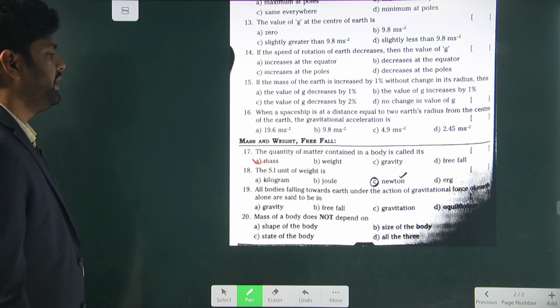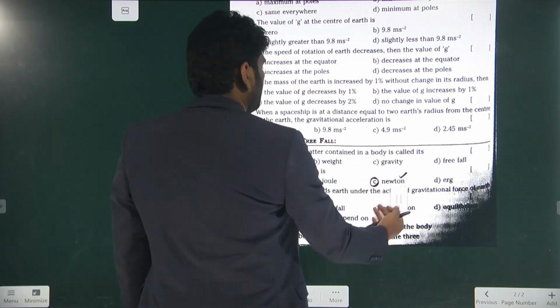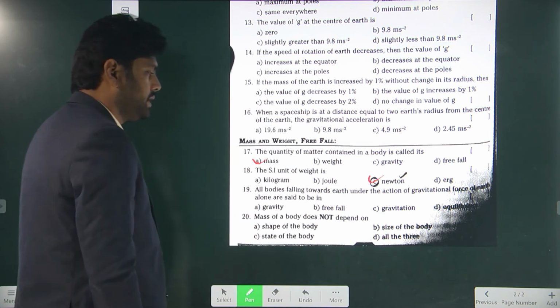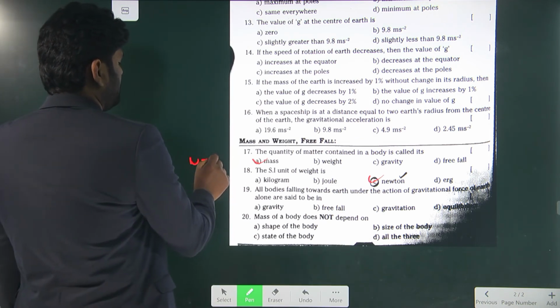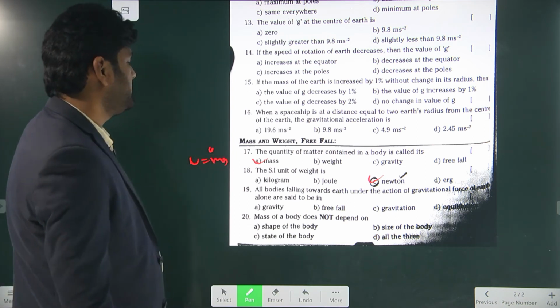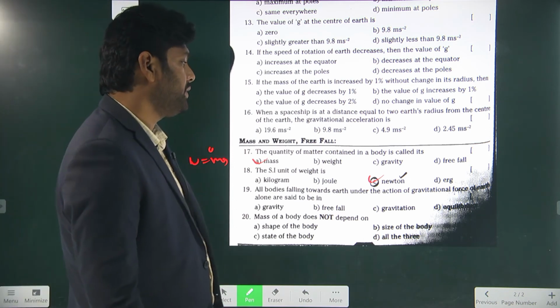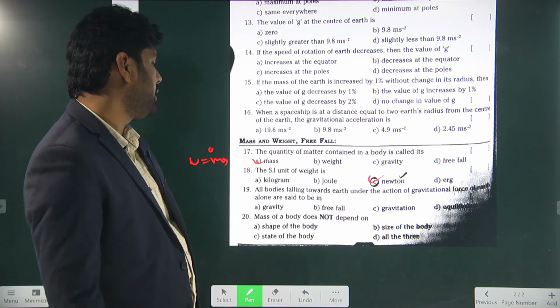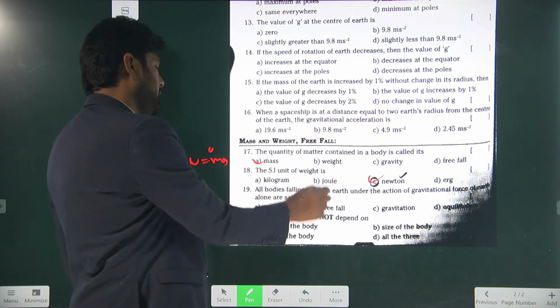The SI unit of weight is not kilogram, it is Newton. Weight is nothing but force, mg, mass into acceleration due to gravity. And next, all bodies falling towards the earth under the action of gravitational force of earth alone are said to be in free fall.